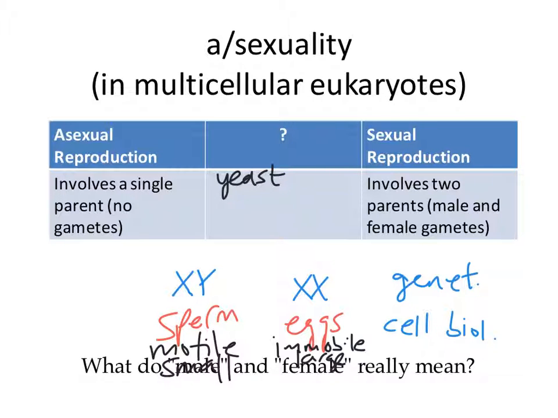So what about hermaphrodites, like C. elegans, I heard mentioned? So that involves a single parent, the hermaphrodite, but it also involves both sperm and egg.